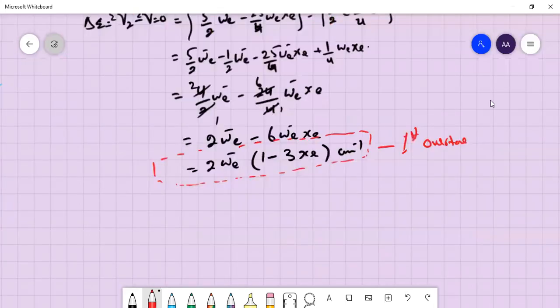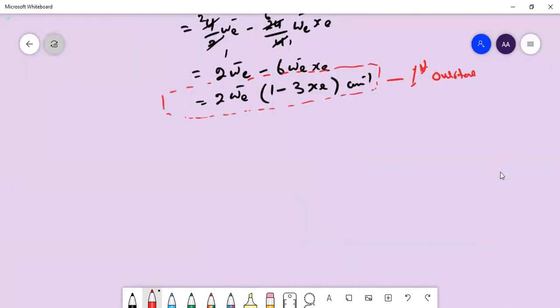Similarly, the third possibility is if the transition can take place from V0 to V3. The energy will become, we have to subtract, ΔV equal to 3 minus ΔV equal to 0.